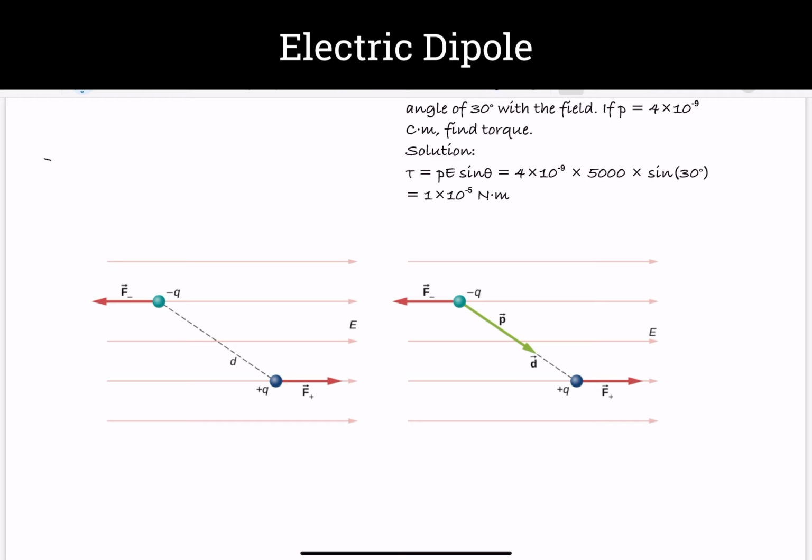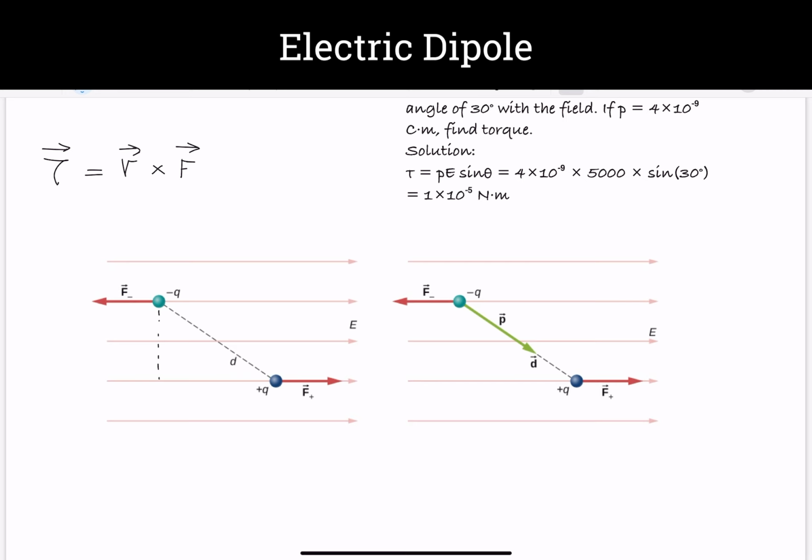I hope you remember torque. How is it defined? It's a vector. Torque is the cross product of the distance and the force. So in this case, in order to find the torque, you have to remember that we're taking the distance between the two forces.